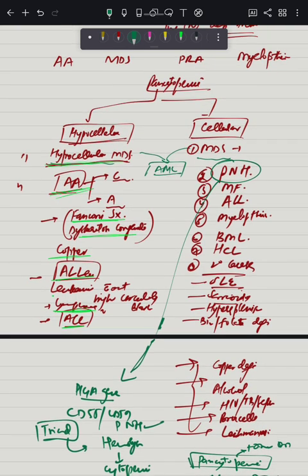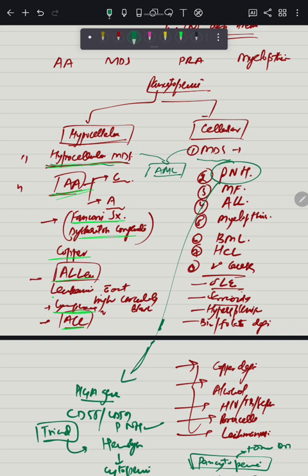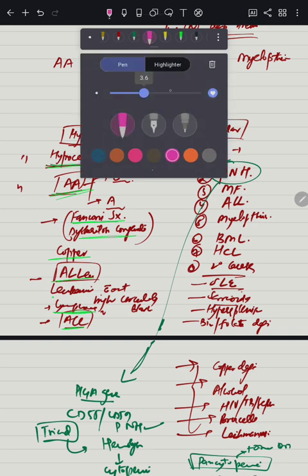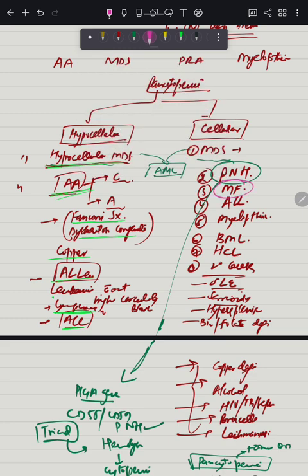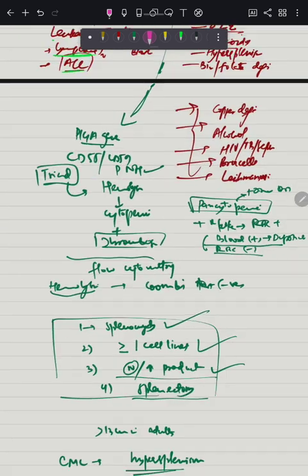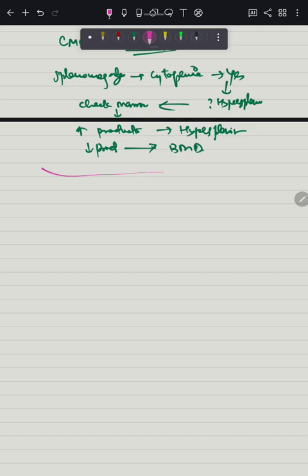So for instance, we will take an example: patients having myelofibrosis. What happens in this patient? You will always find these myelofibrosis patients have a massively enlarged spleen.